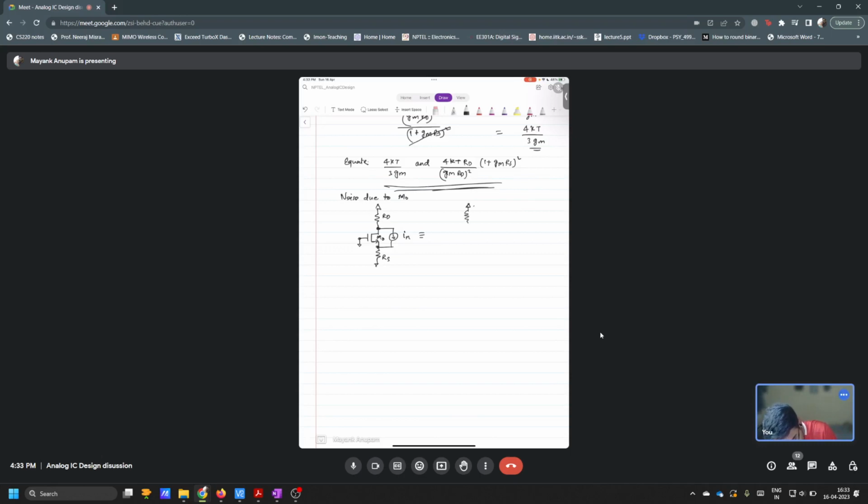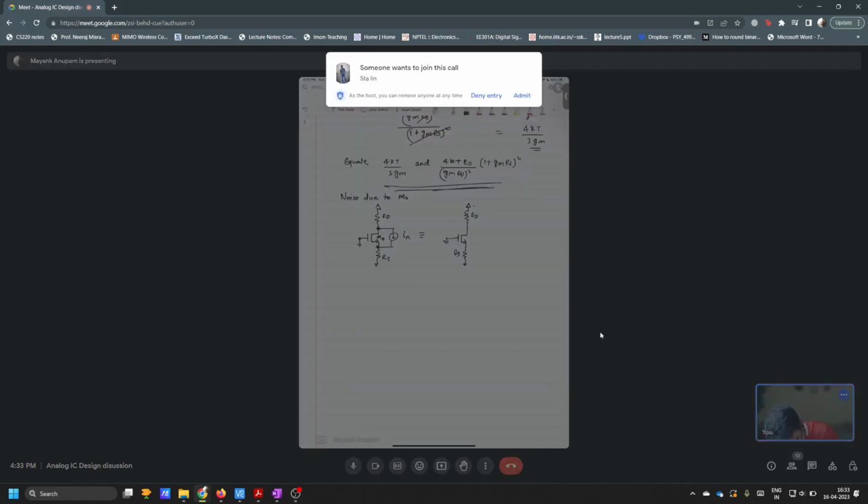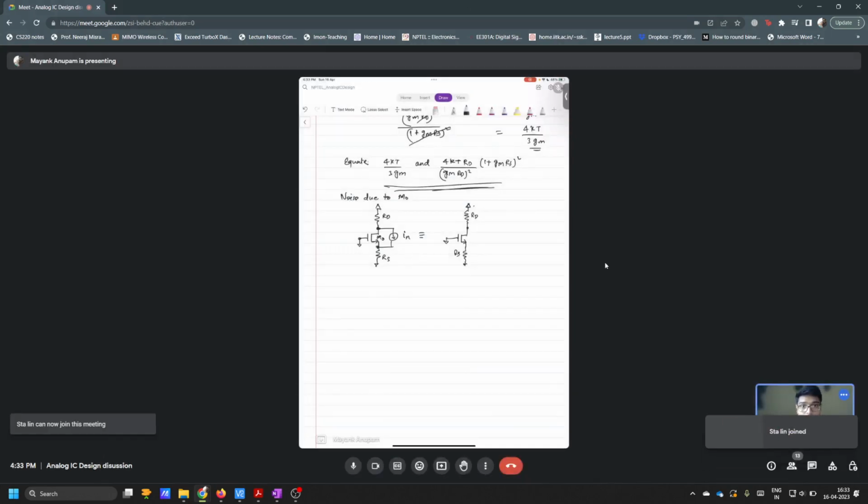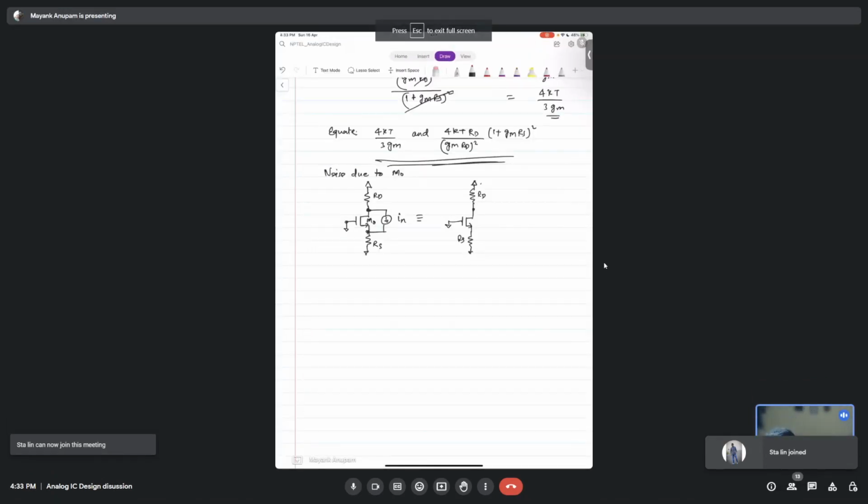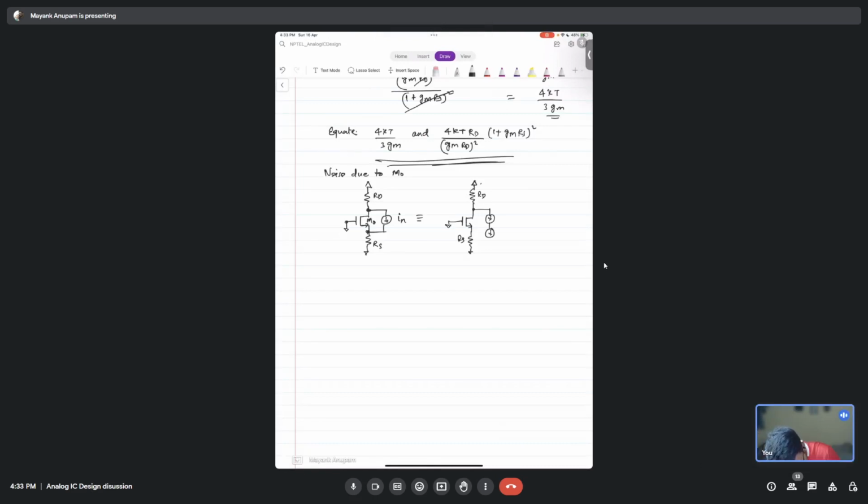This is RD. And you have this MOSFET here. The gate is anyway grounded, correct? And this is RS here. And here what you can do is split this current source into a series of two current sources. So this is also I_N, this is also I_N.